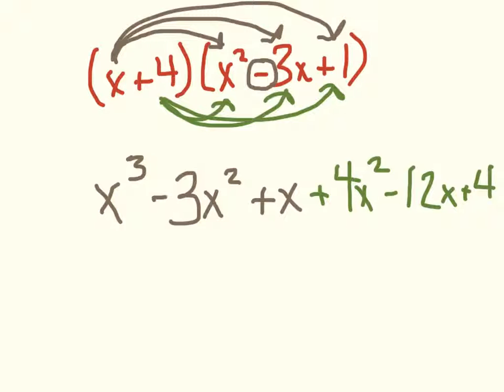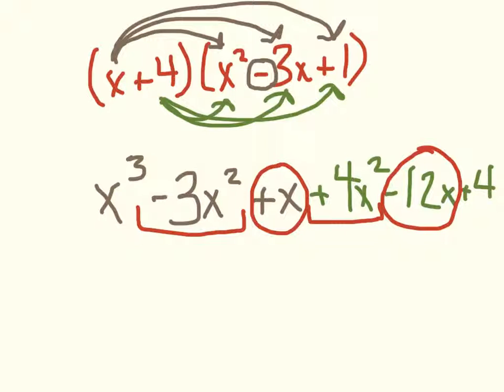So now we need to make sure that we combine like terms. So I've got an x squared there, I've got an x squared there. Always include the sign that is before the term, so a negative and a positive in this case. And then I have a positive x here and a negative 12x there.